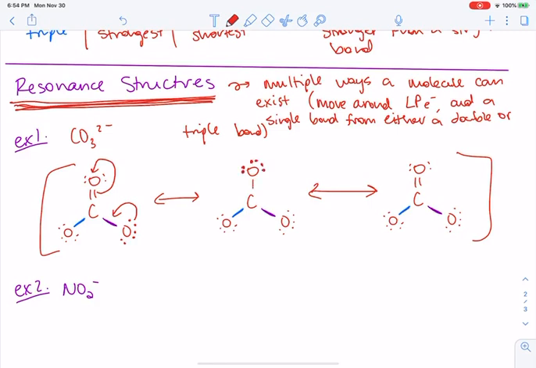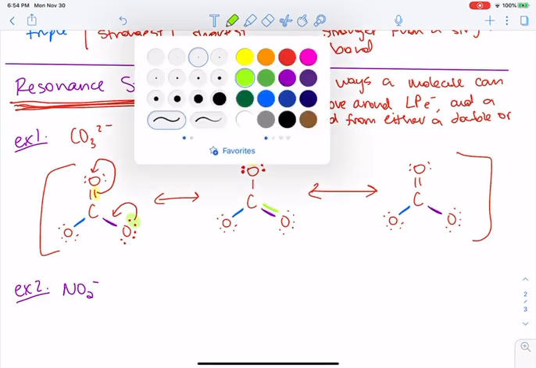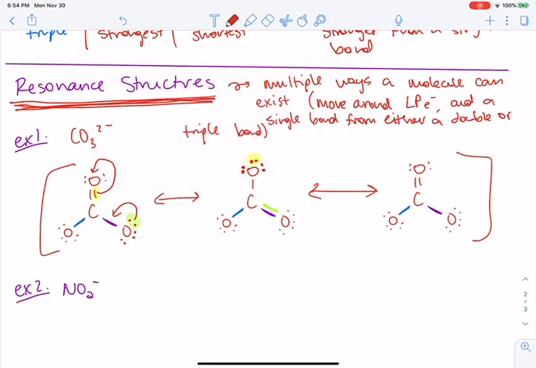This bond here, I'm going to highlight it, became these lone pairs, and these lone pair electrons, which I'm going to highlight in green, became this bond here. Right? And so now I've got something a little different. Notice how the double bond is no longer in between that oxygen up top. It's now here.